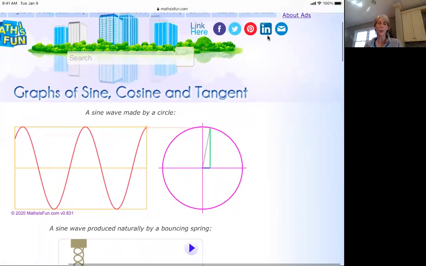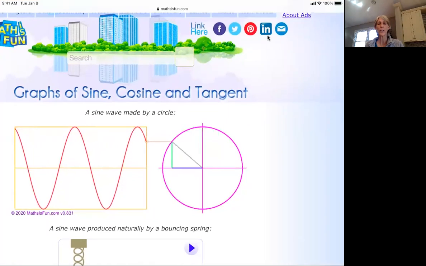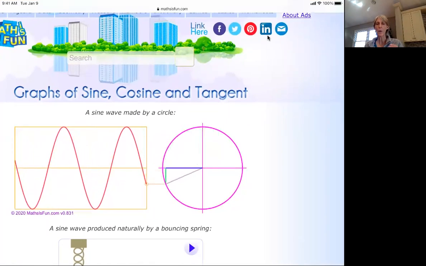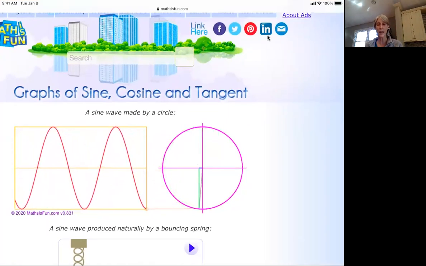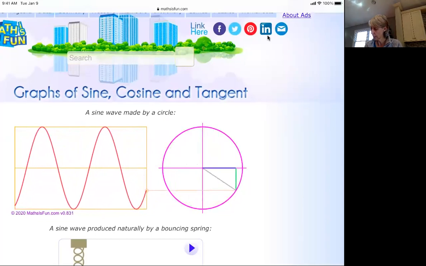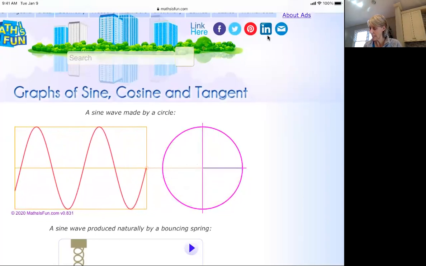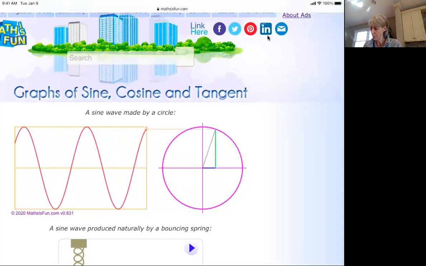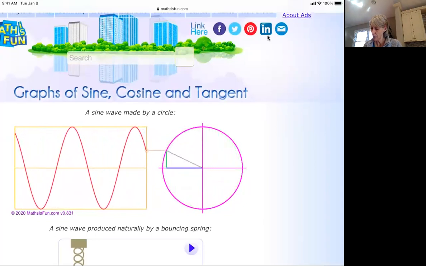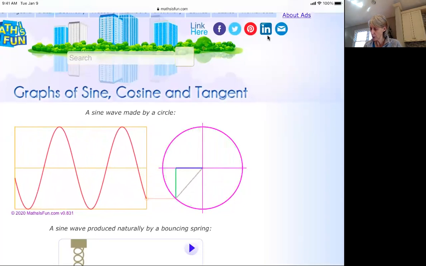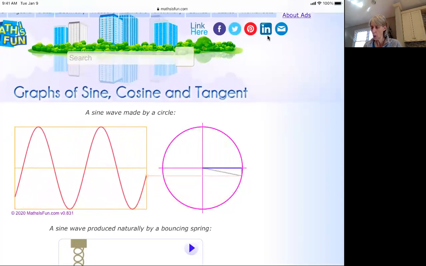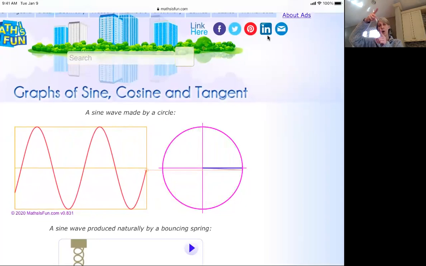Okay. So what we want to do is understand that when we make a curve of a sine or a cosine curve, we're really taking a point on the unit circle and unwrapping it. And instead of going in a circular motion, we're going in a forward motion on the XY axis.